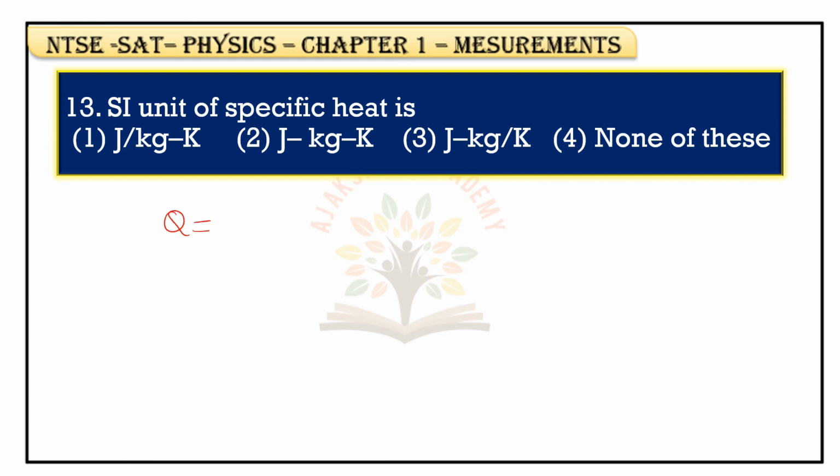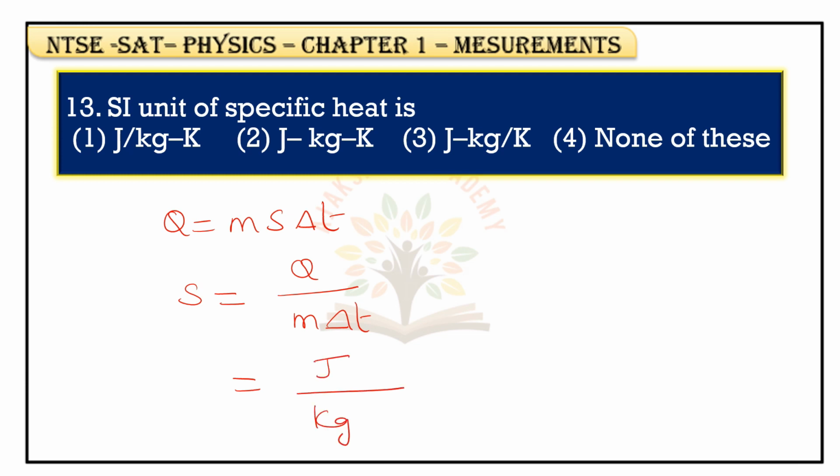Q is equal to m s delta T. So from this we are writing S, which is nothing but specific heat, S is equal to Q by m into delta T. So unit of heat, SI unit of heat joule, SI unit of mass kilogram, SI unit of temperature Kelvin.